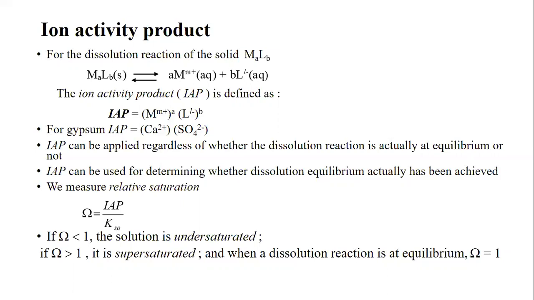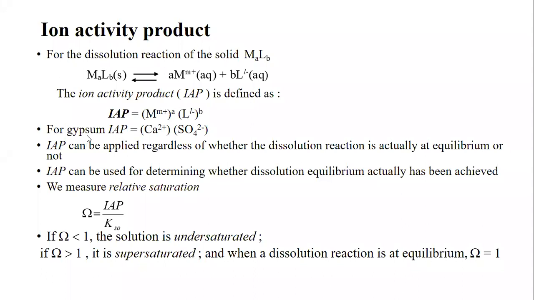No other atoms are inside except the M and L in that compound. So the ion activity product, IAP, is defined as the activity of M to the power of its charge, and the a is, remember, the stoichiometric coefficient, just like any other compound you write.